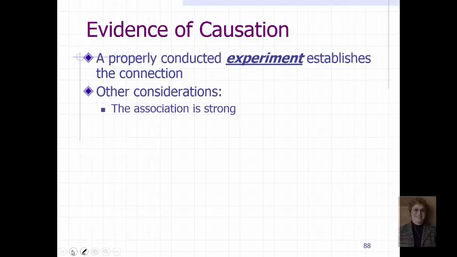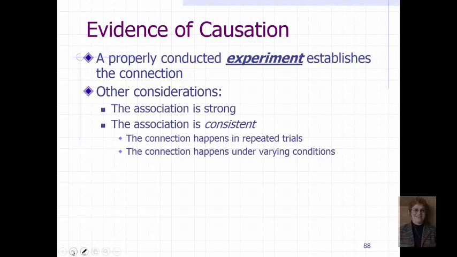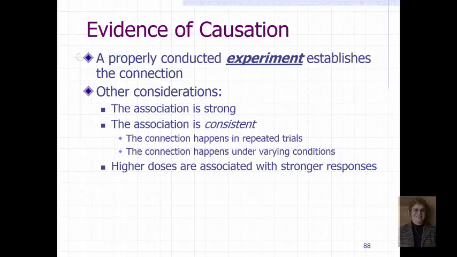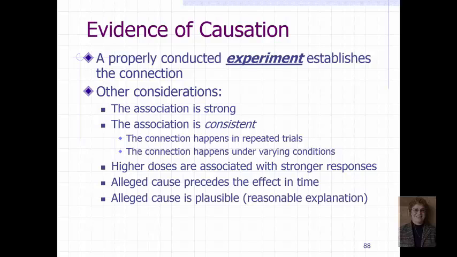You also need to have a strong association, and that the association is always consistent in repeated trials and in varying conditions. That higher doses are associated with stronger responses, and that the alleged cause precedes the effect in time. You also have to think, is it plausible? Is it a reasonable explanation?